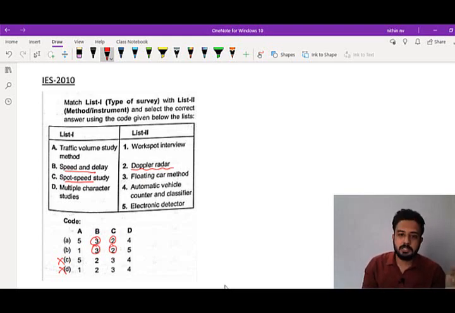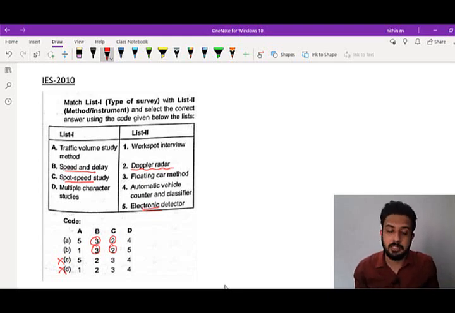Automatic devices are whatever we have seen, such as the pneumatic tube. Why are we using a counter and a classifier? A classifier means you particularly want to check what kind of vehicle it is. Generally, high error will come if it is an automatic device. That is why we are using the manual method.